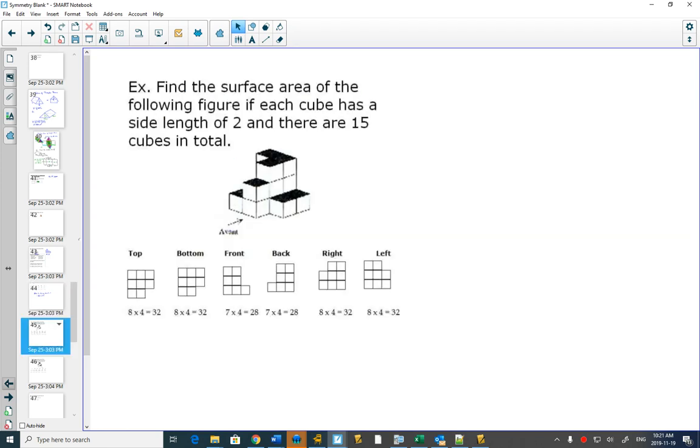All right, here's your next shape. This is the front. Top, bottom, front, back, right, left. One of those is wrong.